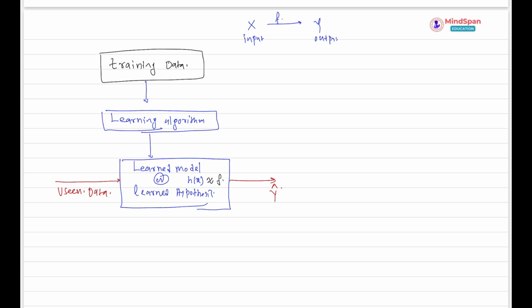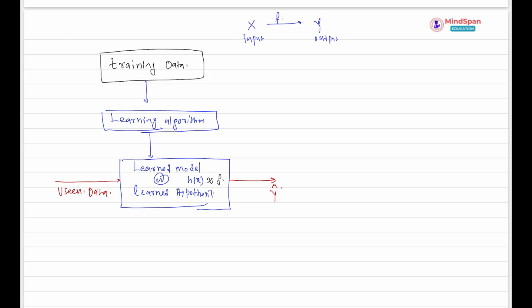And once we have this learned model, we feed our unseen data, and that will give you the estimate or prediction of the output, right? So in a regression problem, our goal is to learn a hypothesis function that can predict the output as close as possible to the true value, right?